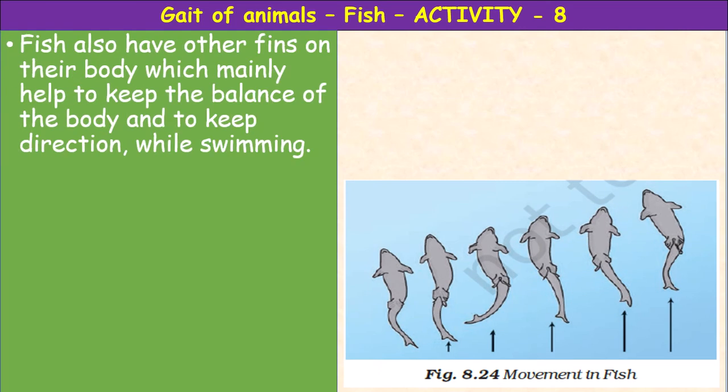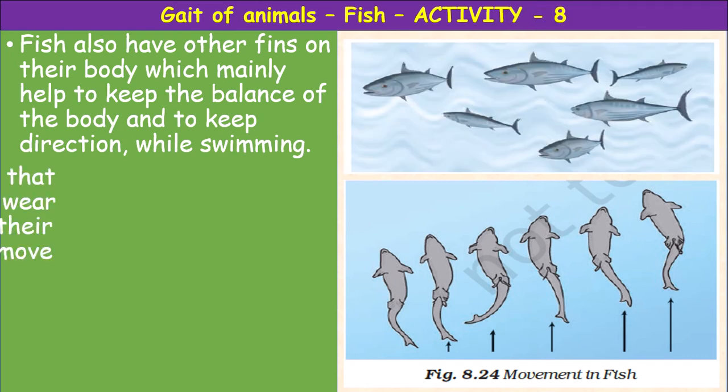Fish also have other fins on their body. About tail fin only in the previous class we have seen. Okay, it also possesses other fins. They mainly help to keep the balance of the body and to keep direction while swimming.